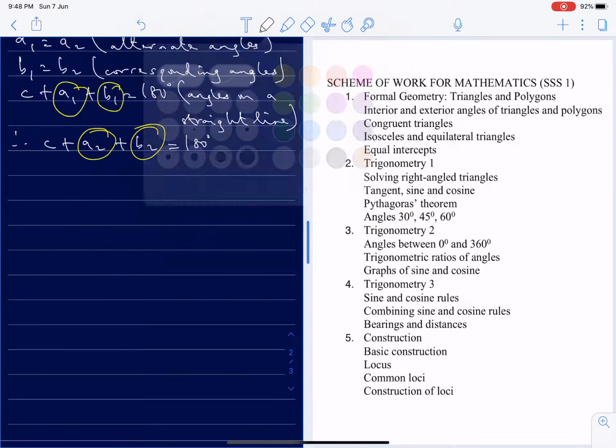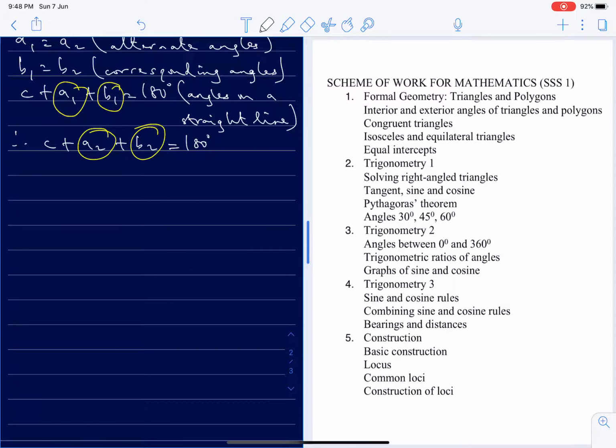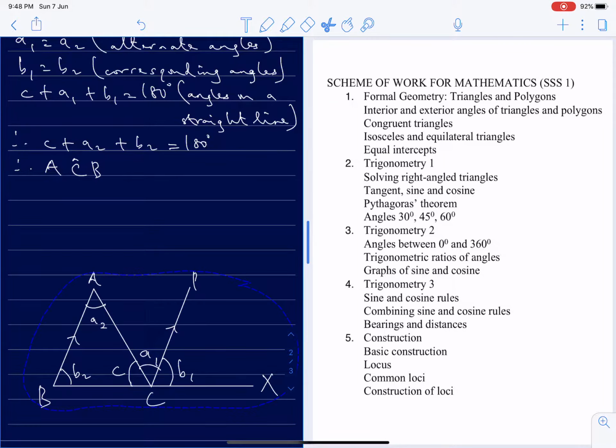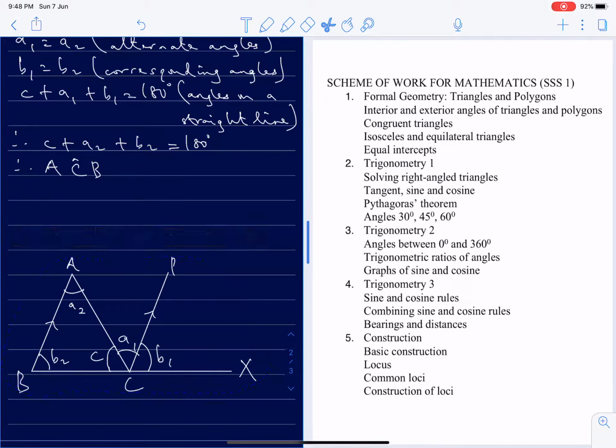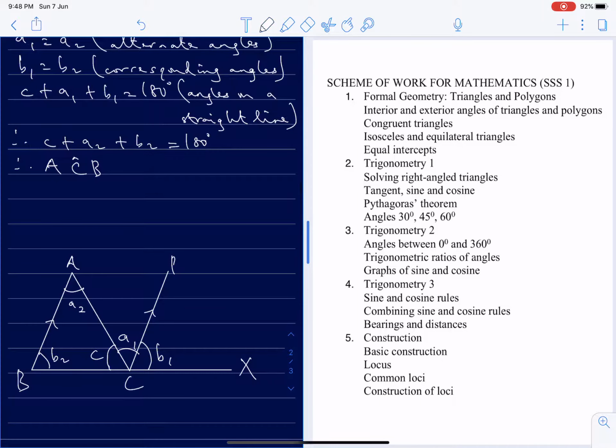So this therefore means angle ACB, therefore angle C is actually ACB in the triangle. Angle C is angle ACB plus angle A plus angle B, which is equal to 180 degrees.